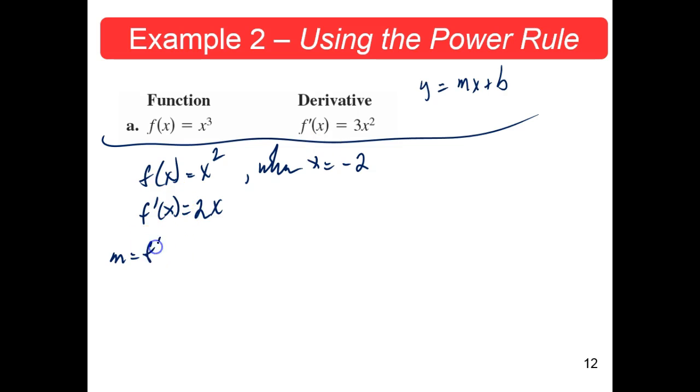The slope is f prime of -2, which will be -4. Ding, ding, ding. We've got the m part. So the equation for your tangent line is going to be -4x plus b. Now, we still don't know what the b is.